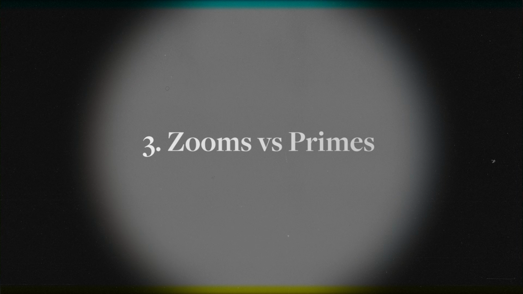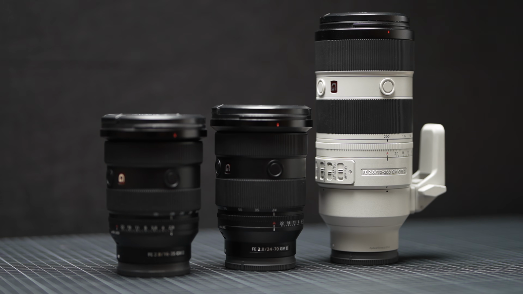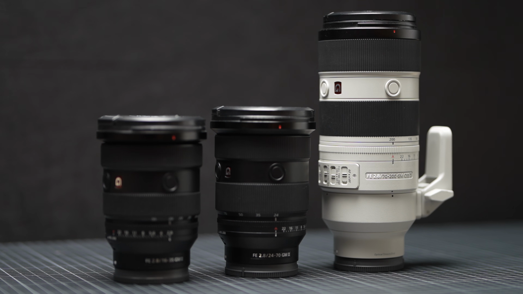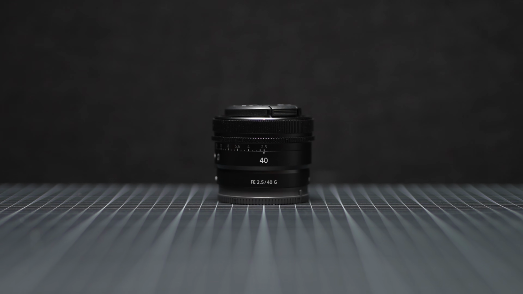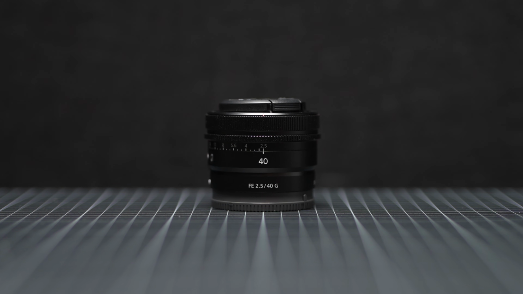When it comes to zooms versus primes, well, if you've been following well enough, you've probably come to the conclusion that for most situations, zooms and the flexibility they provide are usually the option for most landscape photographers. Primes are nice for the size and the weight savings, especially if you have to, say, hike somewhere to get a shot.